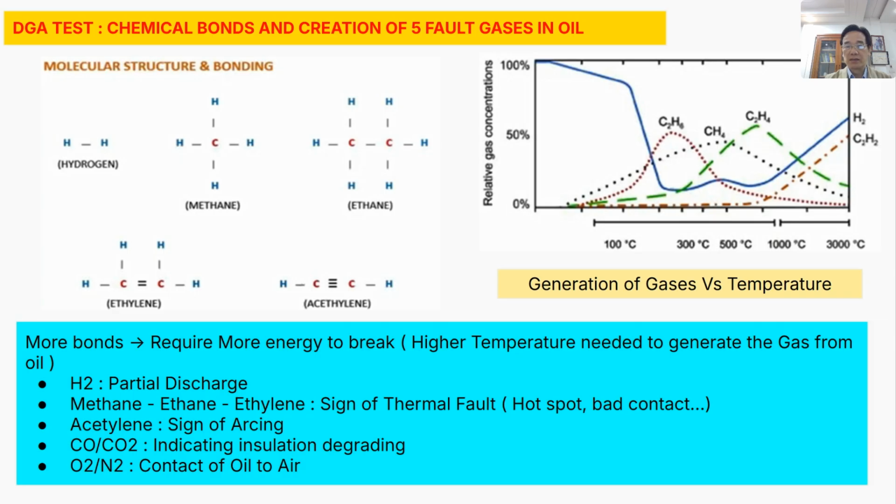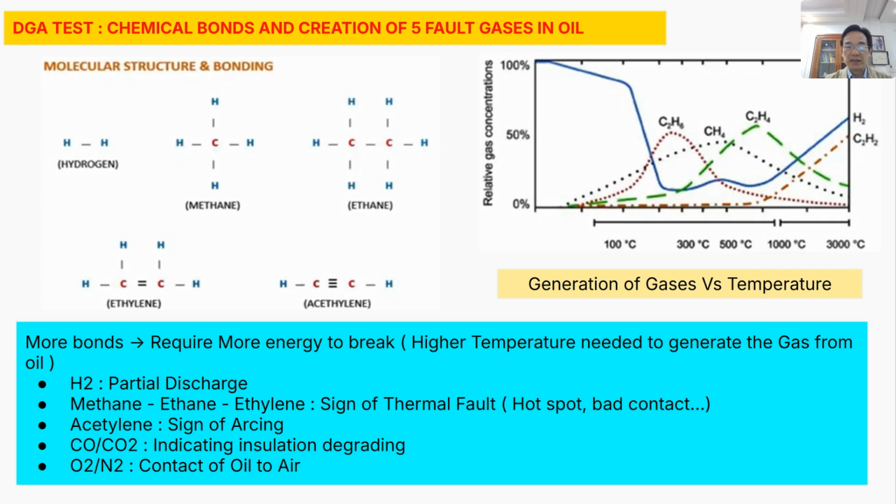The cellulose paper in a transformer breaks down mostly because of the attack from high temperature in oil. It causes the paper to become more brittle and age.